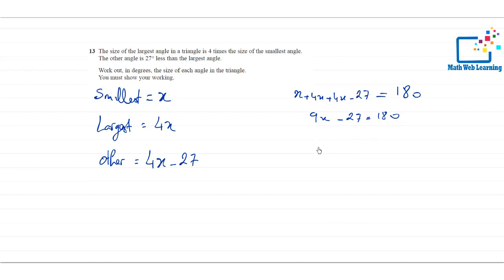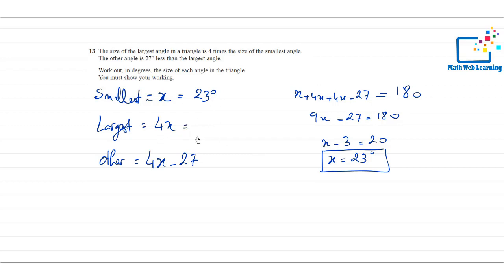This is a calculator question. You can go ahead and do it, but I'm not using a calculator. So what I'm going to do, I'm going to divide by 9, divide by 9, divide by 9. Right, so that gives me x minus 3 equal 20. So basically x equal 23 degrees, right? Now that is the smallest angle, 23 degrees.